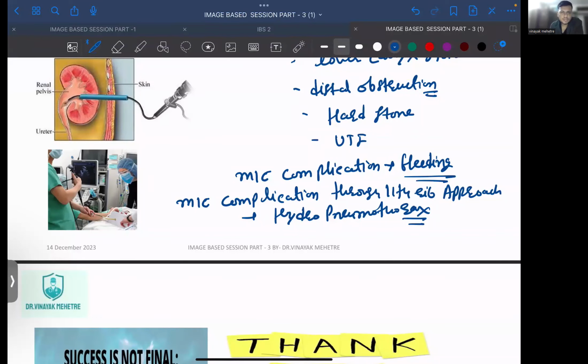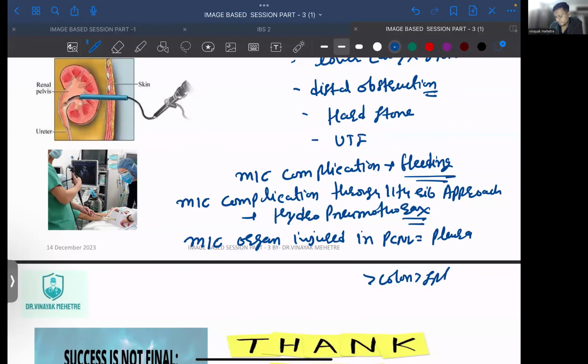Most common organ injured in PCNL. It is pleura. If pleura is not in the option, then you can go for colon or spleen. Colon or spleen.